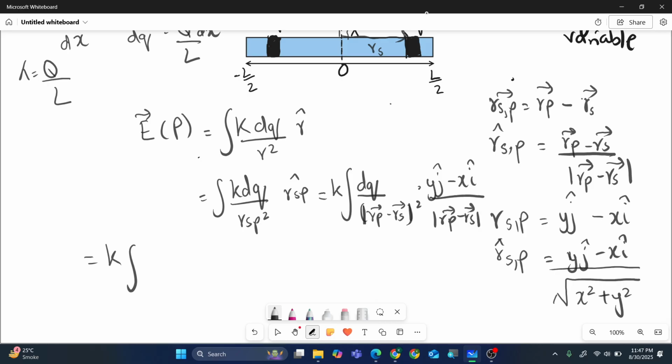This will now become dq divided by RP minus RS cube into yj minus xi unit vector.